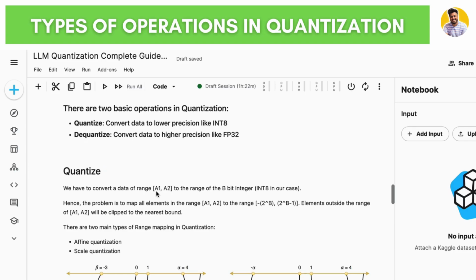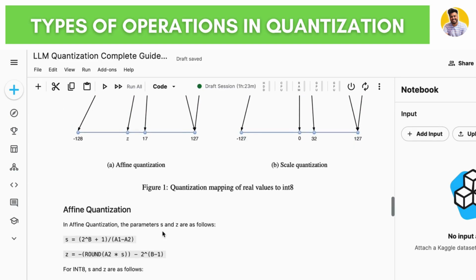Here A1 and A2 mean the lower bound and the upper bound of the range of the int8 precision format. So we need to map all the elements into the range of that int8 precision format. And we can use two types of range mapping functions. The first is called affine quantization and the second is called scale quantization.